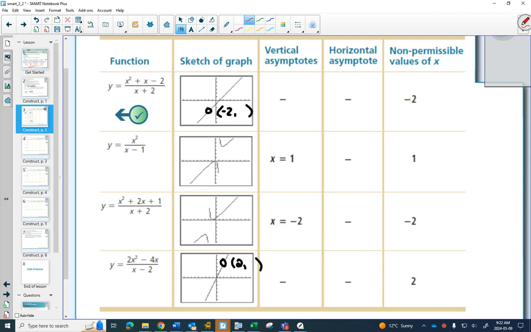On the second and third one, if you have a red pen, add vertical asymptotes at x equals 1 and x equals -2.